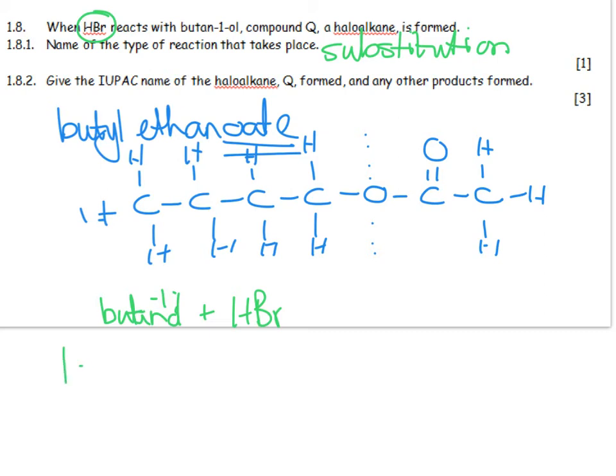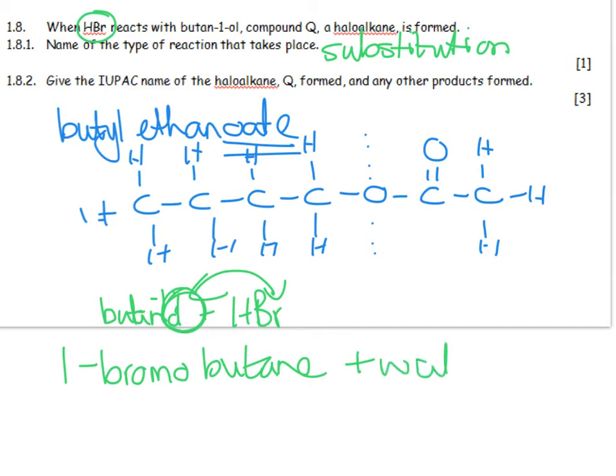We call it 1-bromobutane, because we've got rid of the ol bit. I've pulled off the ol bit and given it in where the bromine was, and vice versa, so that stuff is called water. It's a hydrogen and an OH, water.